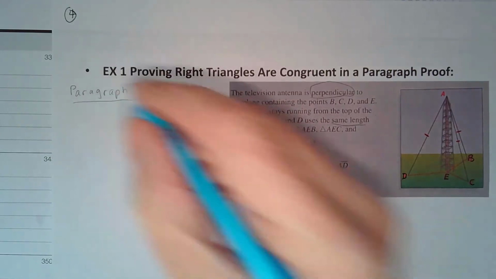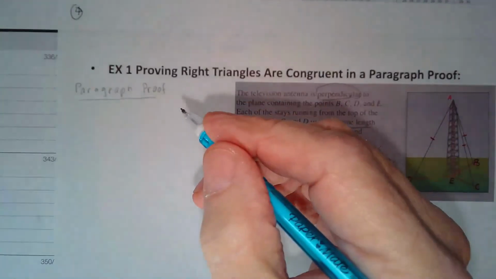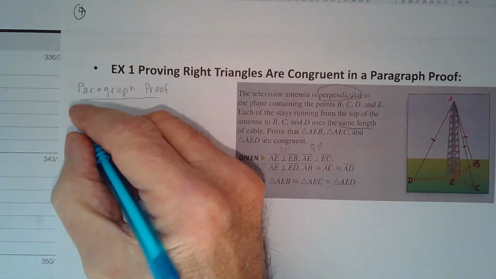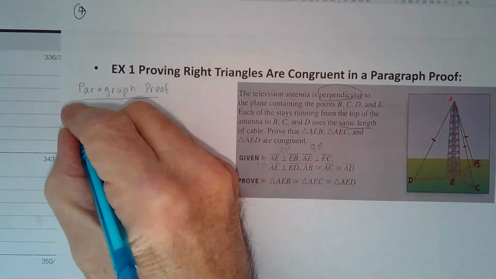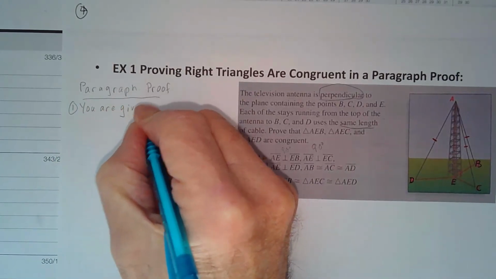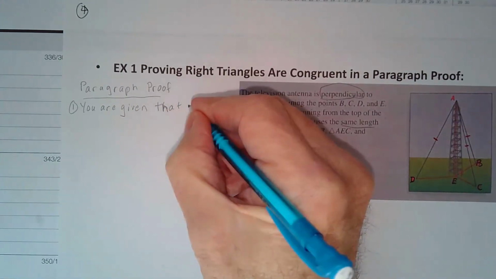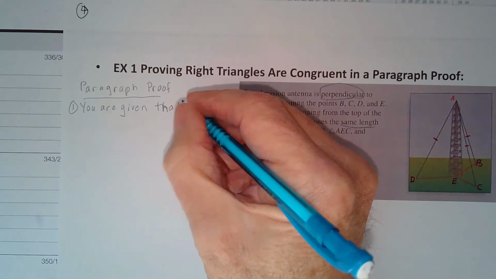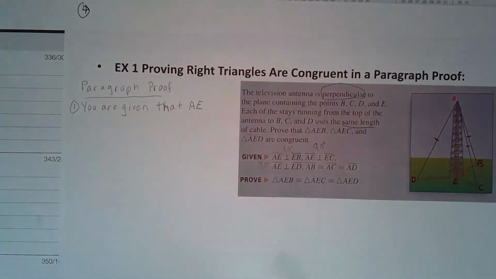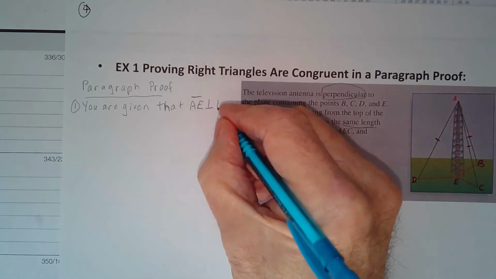So first of all, you are given that AE is perpendicular to EB. I'm sorry, I misspoke, I first said congruent, not congruent. Perpendicular to EB.